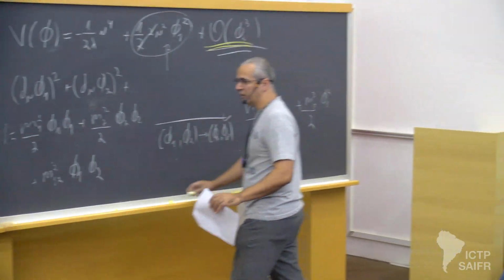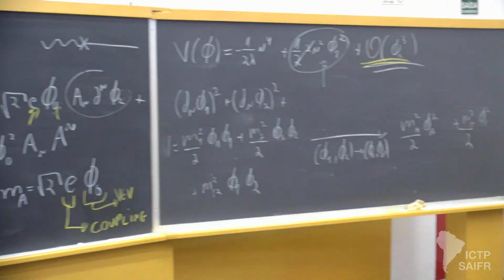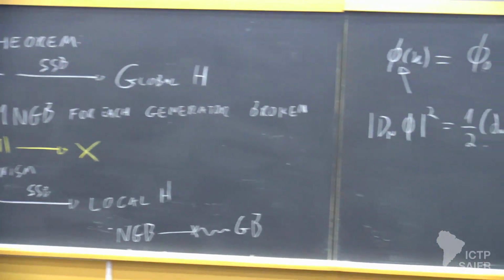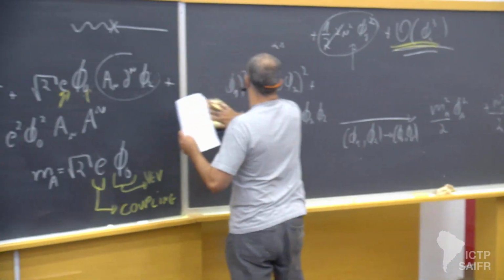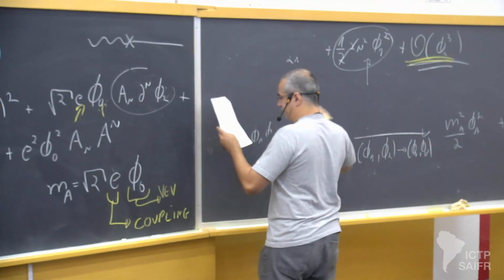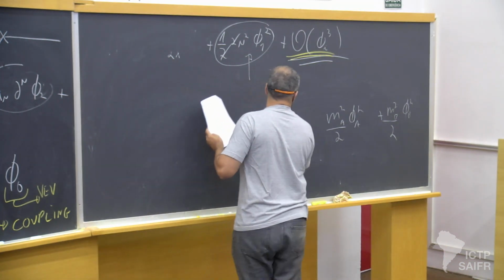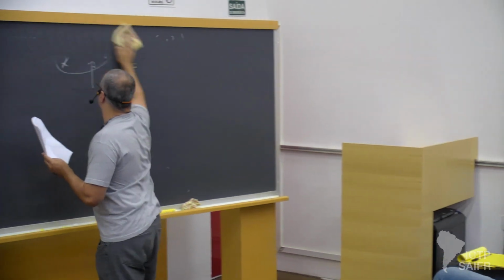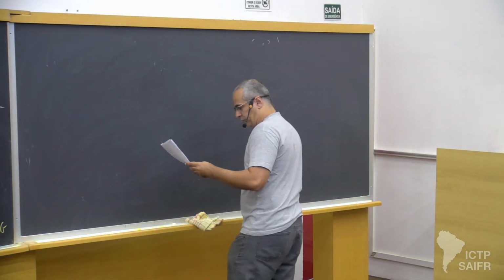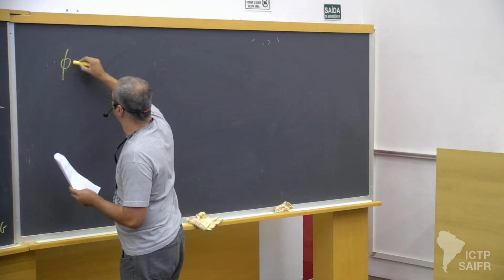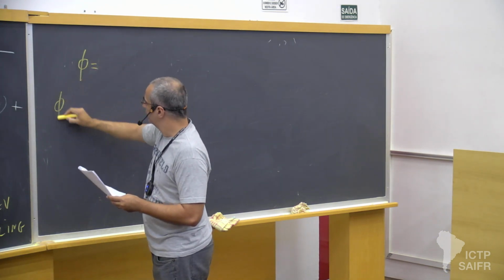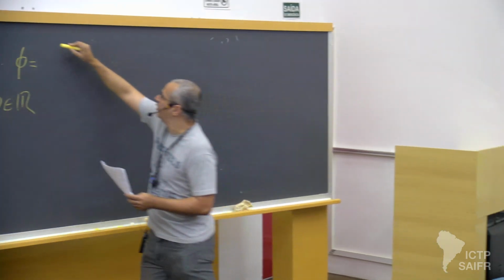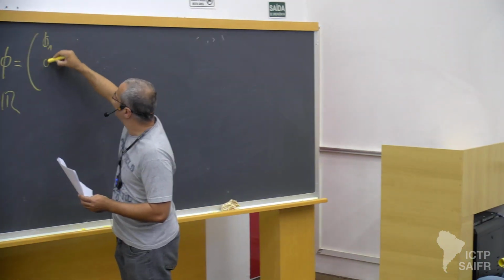Now, if you want to think of one that is still intuitive, but a little more rich, you can take a look at the example of SO3. So for SO3, you could think of a scalar field, real now. So let's take this guy to be real, right? But it has three real components.